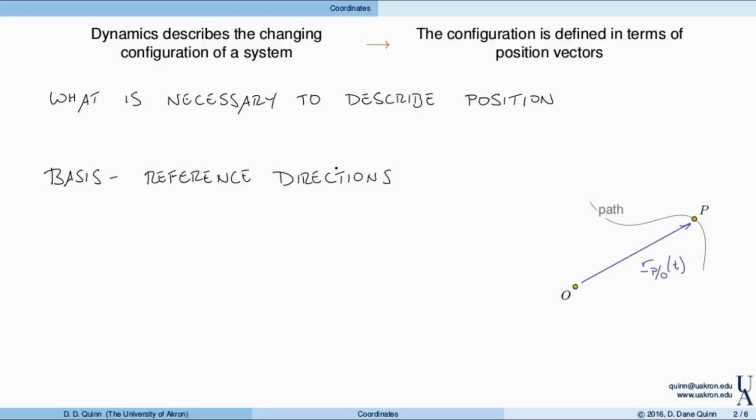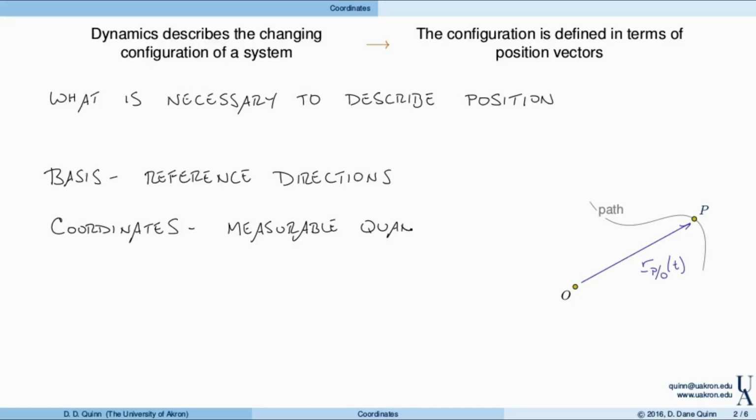So that's one element that's required for us to actually describe a position vector. Now, the second thing is not just a set of reference directions, but measurements. We refer to these as coordinates. Coordinates represent measurable quantities, things that we can measure.